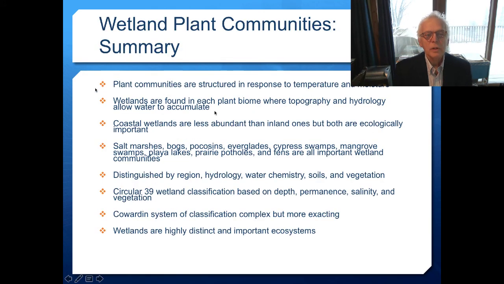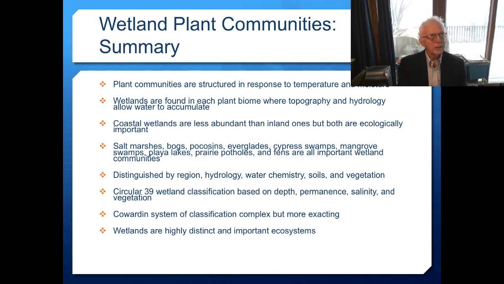So as a summary for this session, I'd just like to quickly summarize. Plant communities are structured in response to temperature and moisture, that is to say overall the plant communities, but embedded within those plant communities are wetlands, and they are found in each plant biome where topography and hydrology allow water to accumulate for any period of time. Coastal wetlands are less abundant than inland ones, but both coastal and inland wetlands are ecologically important.